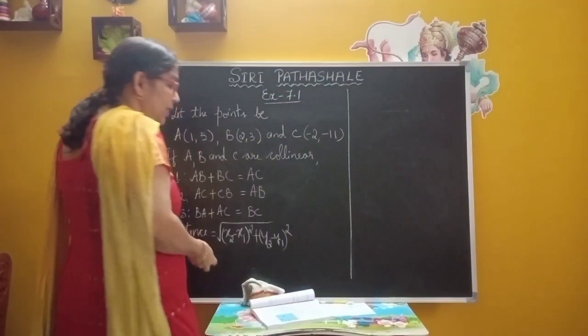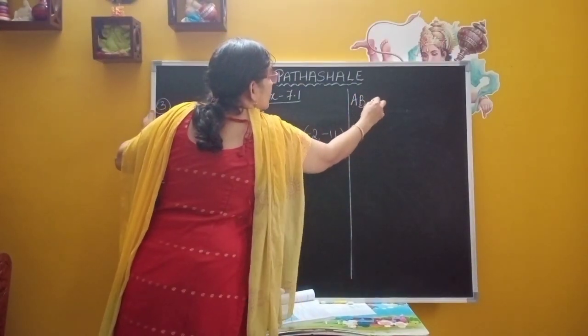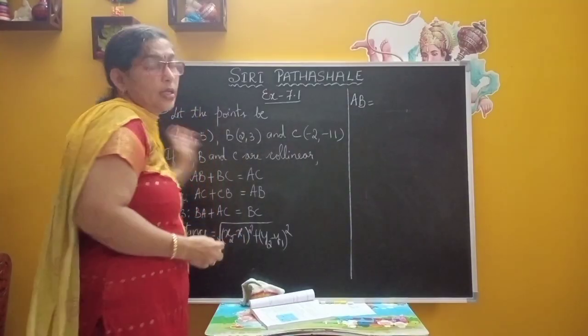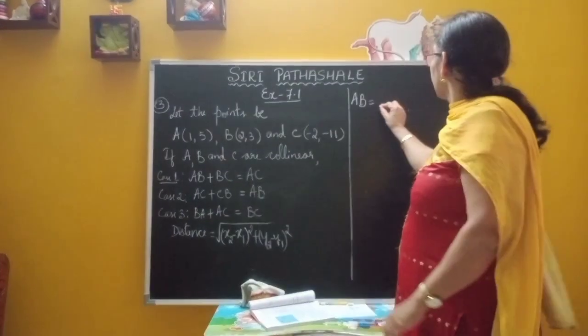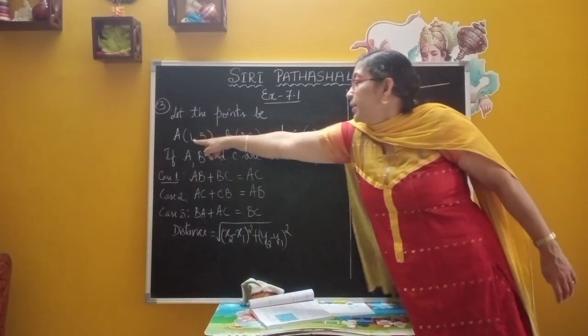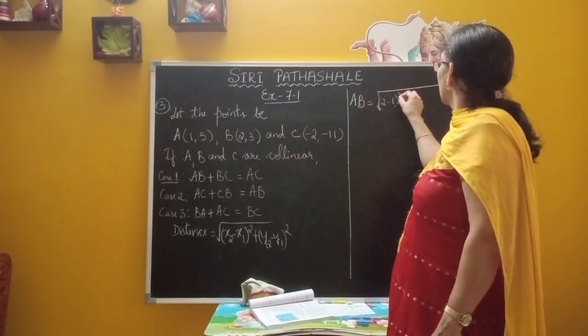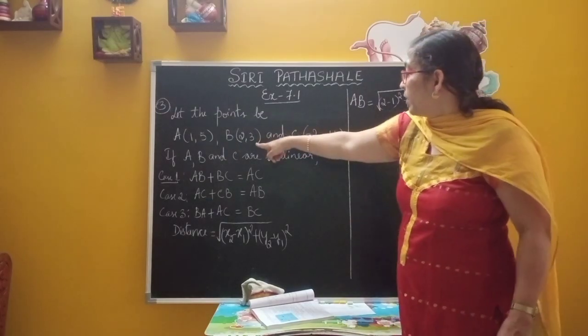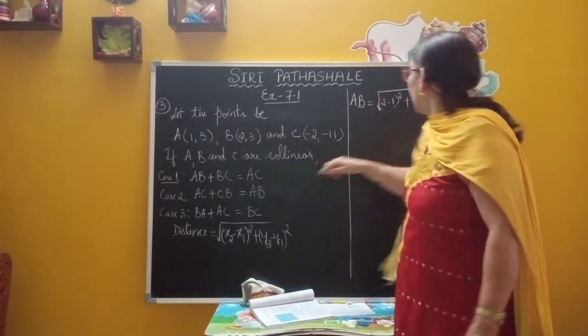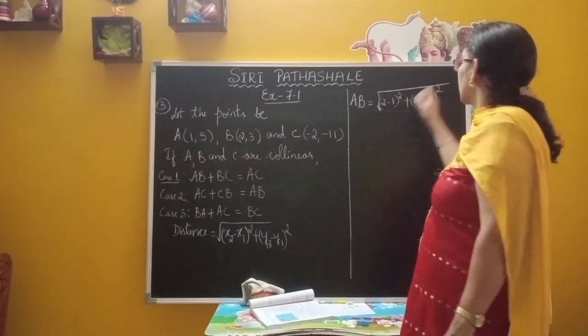So AB is equal to square root of x2 minus x1 whole square, 2 minus 1 whole square, plus y2 minus y1 whole square, 3 minus 5 whole square.